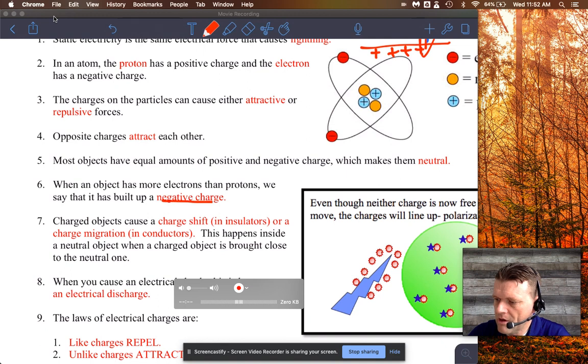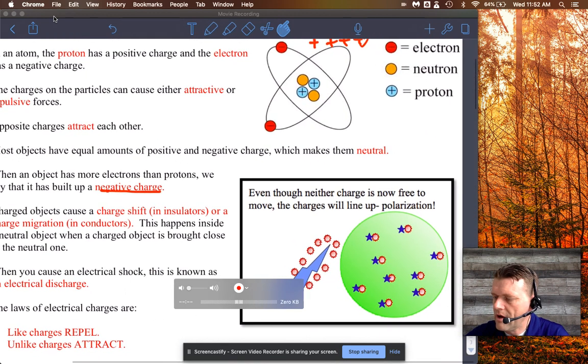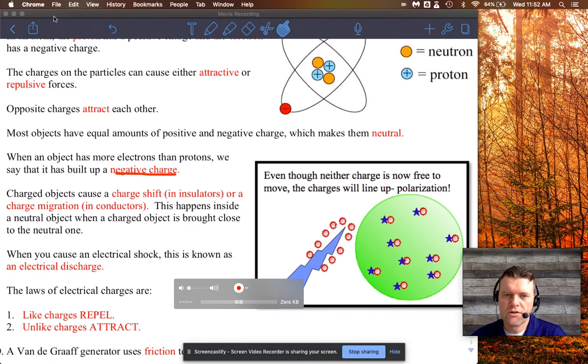Okay. Now I want to draw your attention to this little picture over here, because if you bring a charged object close to a neutral one, there's a couple of things that can happen. In materials called insulators, which I think you've heard of, insulators resist the flow of electricity. They tend to be things like rubber and glass and wood.